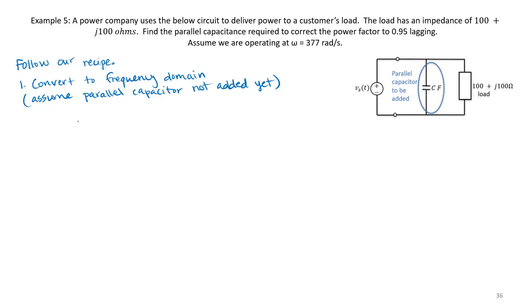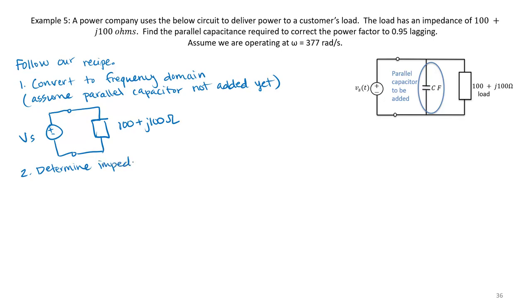And so if we do that, we have some voltage source. And notice in this case, we have our load, which is 100 plus j100 ohms. The second step of our recipe is to determine the impedance of the load to be corrected.